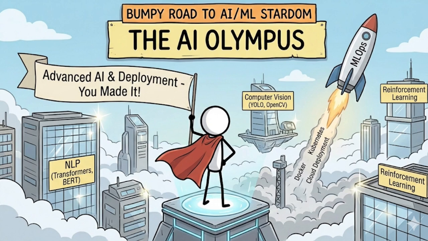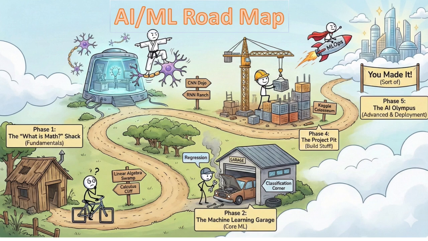Okay, so now we have survived all these five phases. Here you can see, from the math shack all the way to the clouds, it's a lot, I know. Maybe it's a video and I just covered the names. But remember, every expert you see on YouTube or LinkedIn started from here. There are no shortcuts.